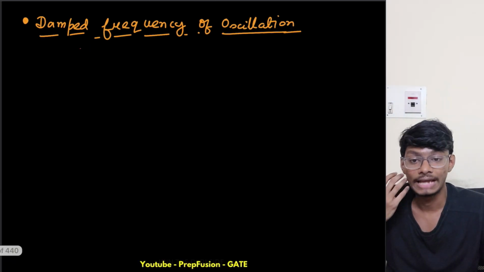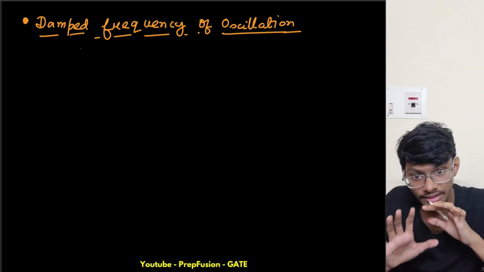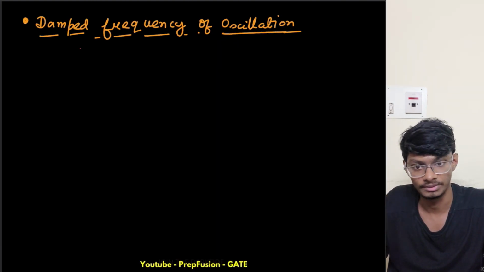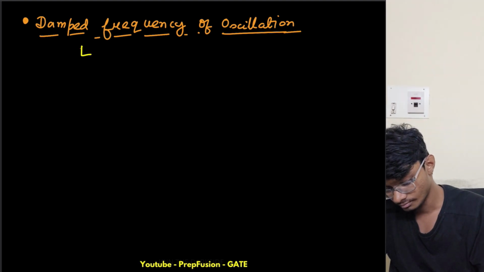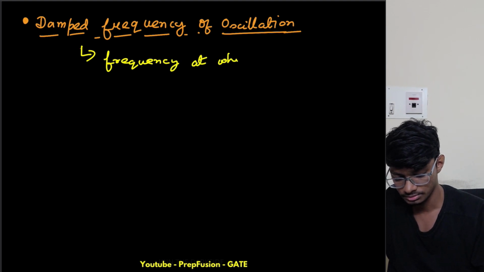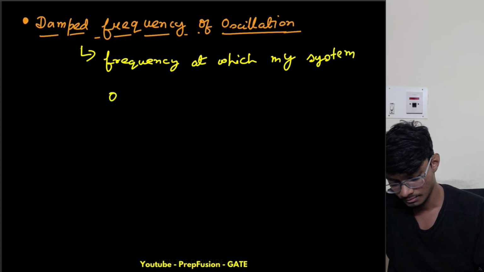Now, what is my damped frequency of oscillation? It is the frequency at which my system oscillates in the influence of damping. Here there was no influence of damping, but here there will be some damping present. So the frequency at which my system oscillates in the influence of damping.